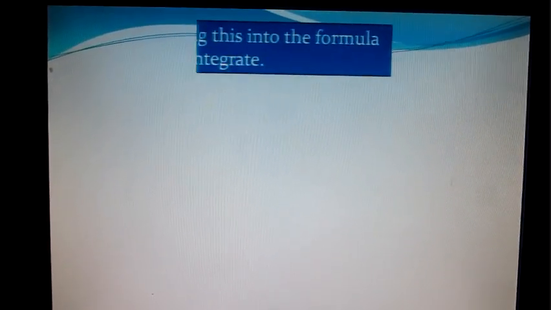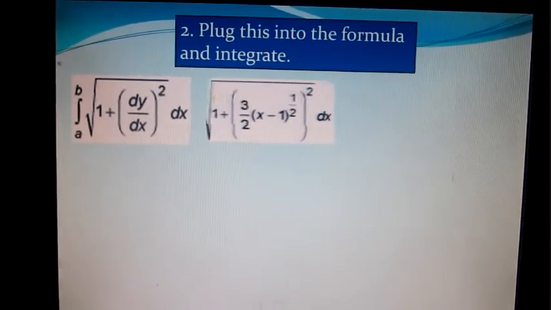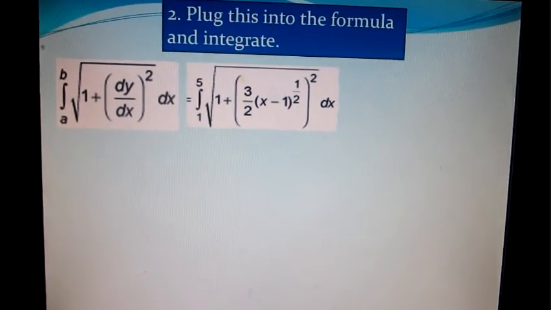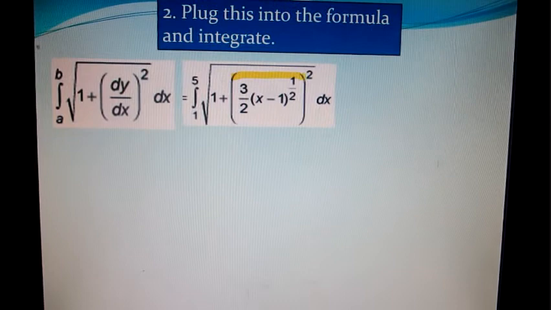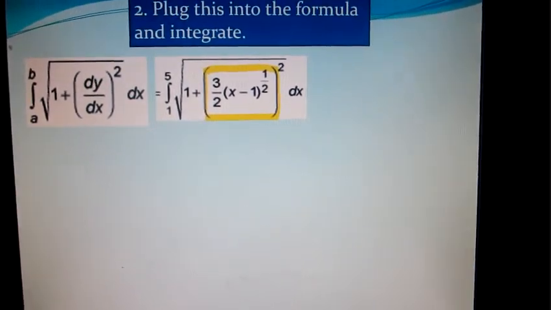Then, plug this into the formula and integrate. Remember that this was obtained as the derivative of the given function.